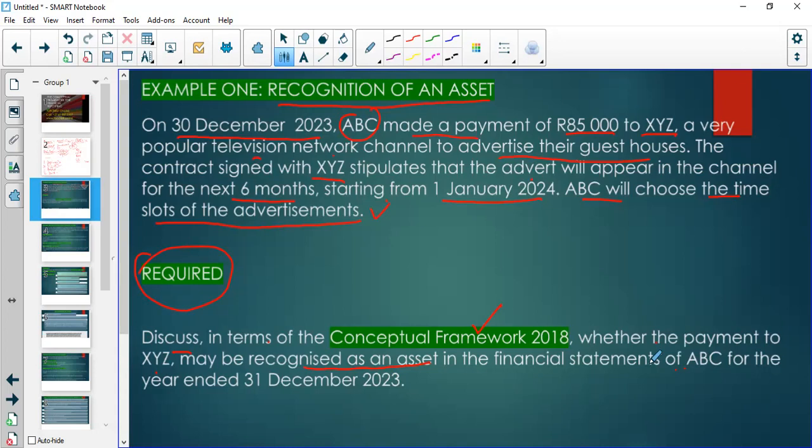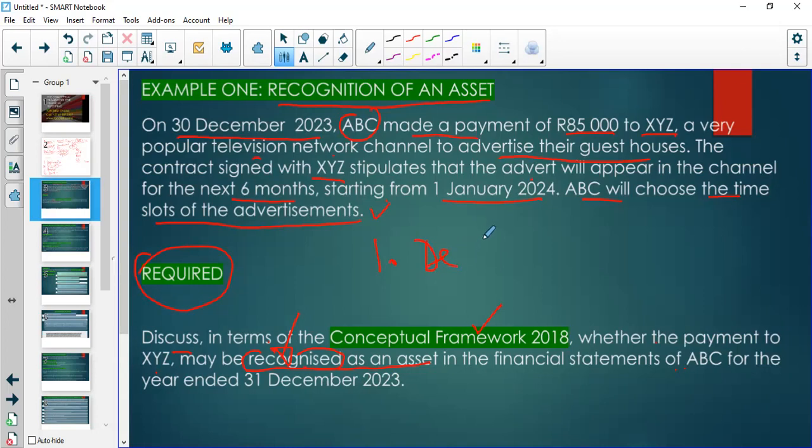But now we have to discuss the points according to the conceptual framework as to whether that should be recognized. Now, I want you to pay attention to this particular required, because it says whether it may be recognized. It doesn't say whether it meets the definition, because the first thing is that something must meet the definition of an element.